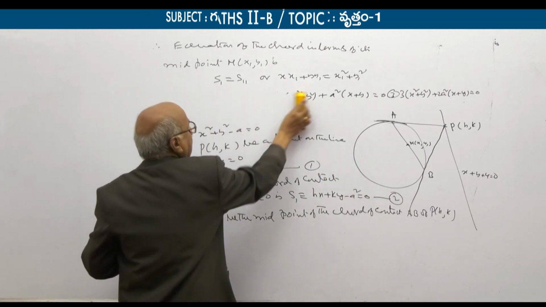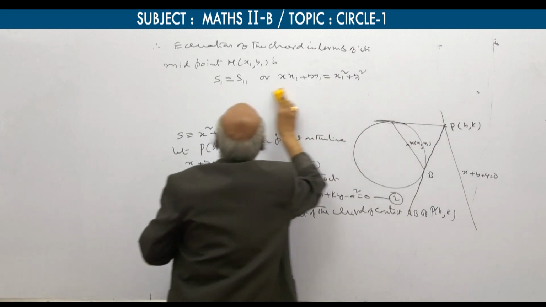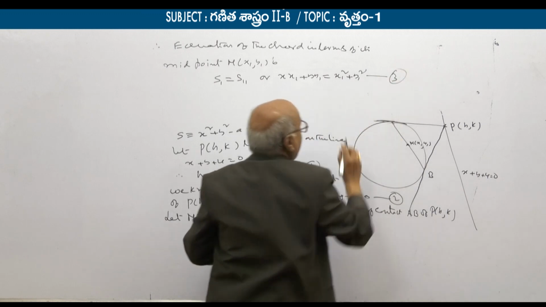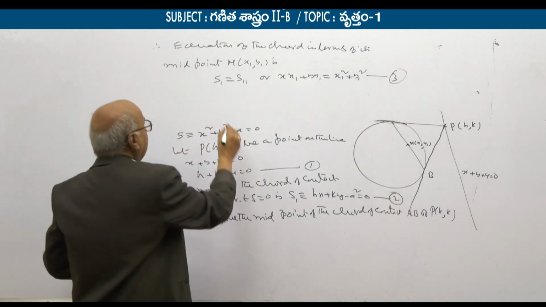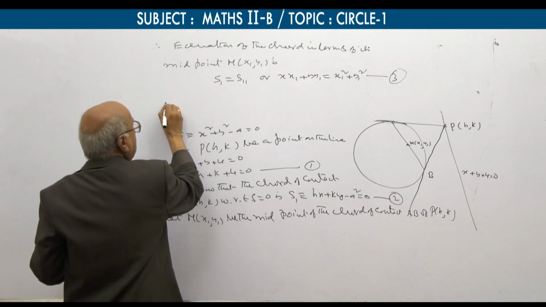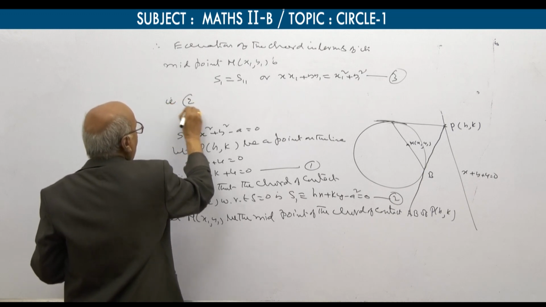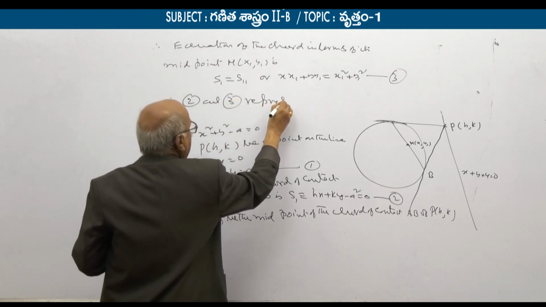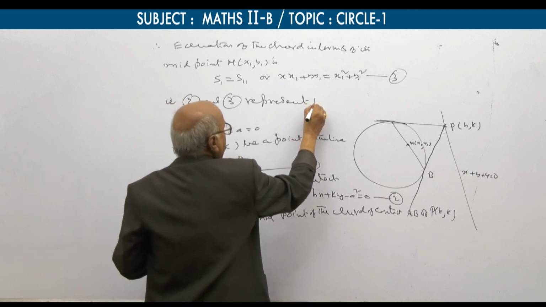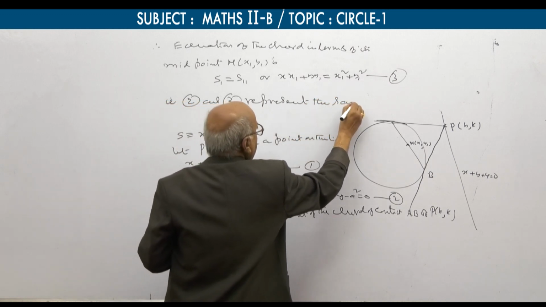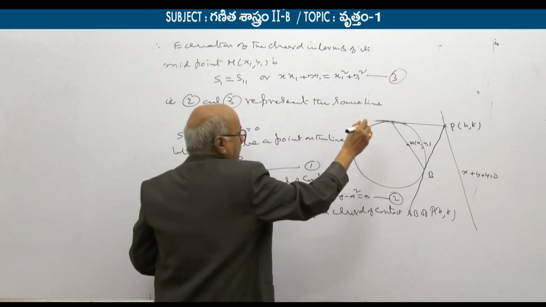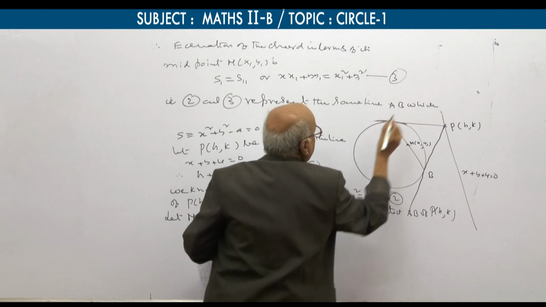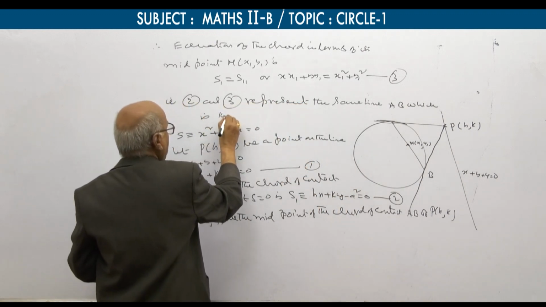Okay, right. This is equation reference number 3. Now, the thing is, 2 and 3 represent the same line AB, which is the chord of contact.